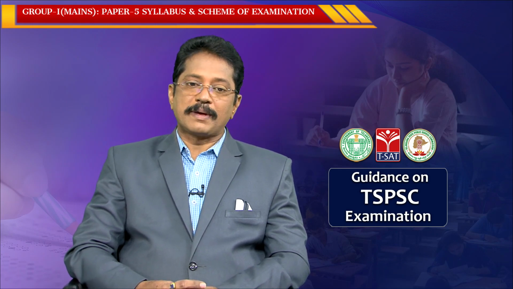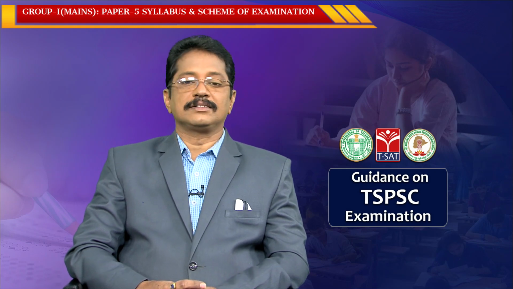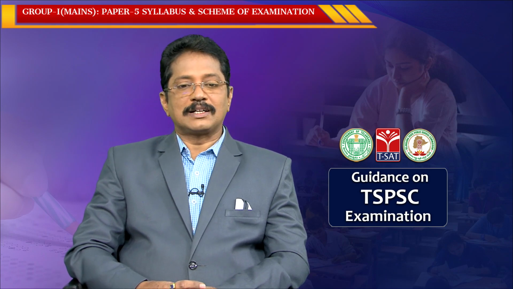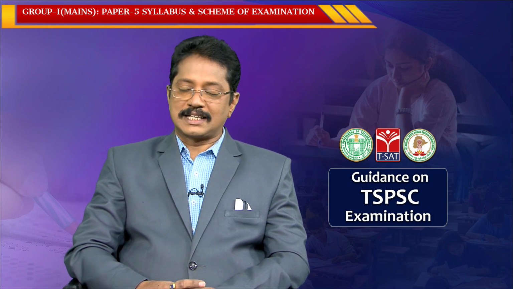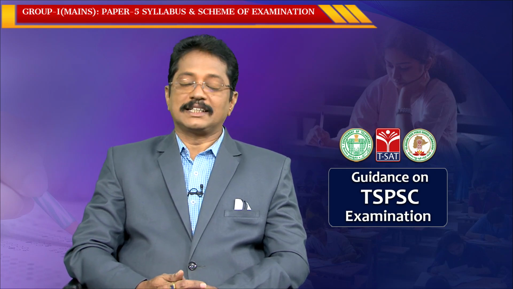In Paper 5, we have science and technology and data interpretation and problem solving. 100 marks are for science and technology and 50 marks for problem solving and data interpretation.